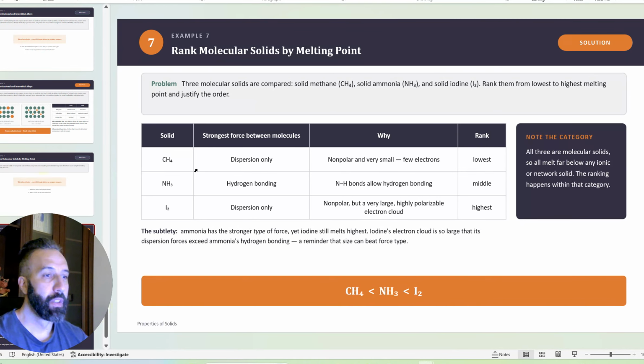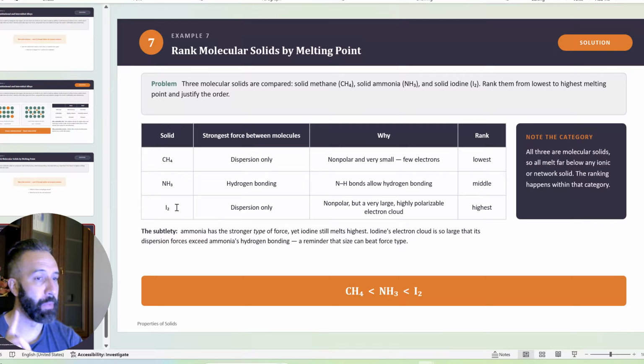So you got CH4. CH4 has only London dispersion, right? So it's going to have a very low melting and boiling point. NH3 has hydrogen bond. It's also a dipole, but I mean hydrogen bond is the strongest force. So it's going to be higher than CH4. But I2, as you remember from last class, I asked you to remember iodine. Iodine is an exception.